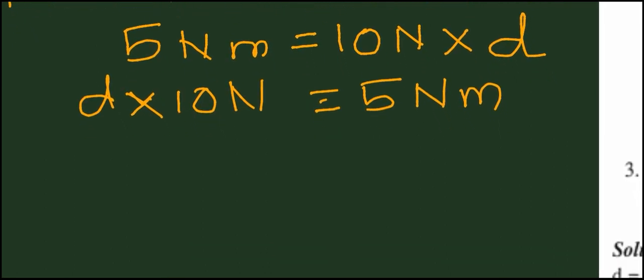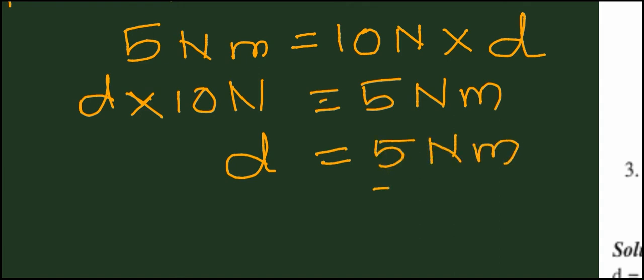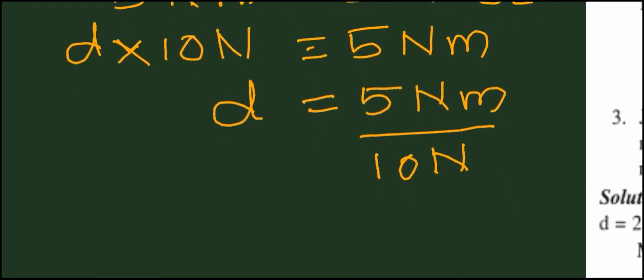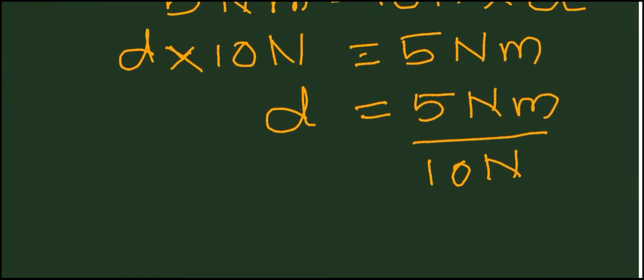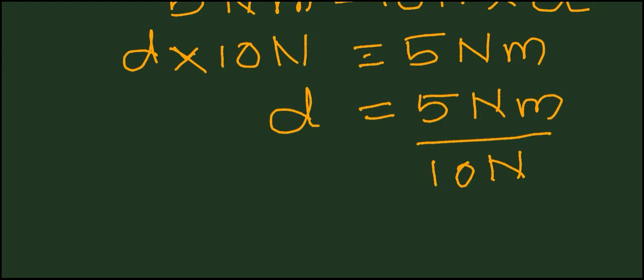So, what is D here? D is equal to 5 Newton meter upon 10 Newton. Now, just cancel it. Newton can be cancelled. Clear? 5 twos are 10.